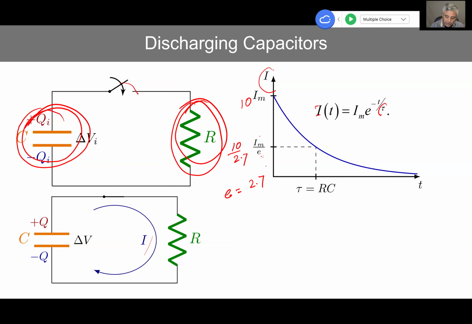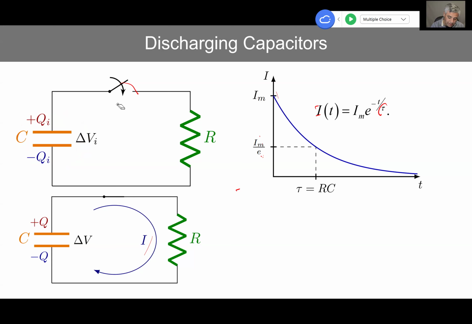And voltage follows the same kind of decay. At the beginning, voltage across the capacitor is maximum, and then it decays like that, okay? And eventually, voltage becomes 0 once all the charges go there and recombine.